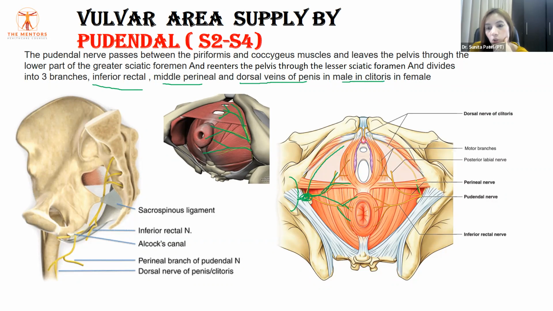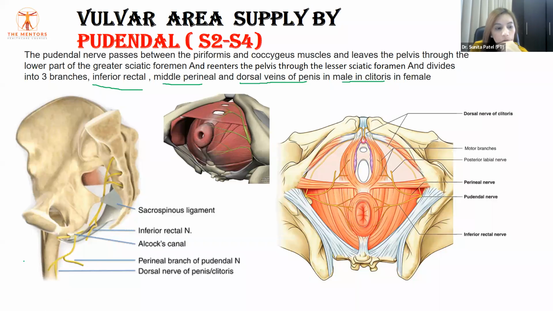They are going to go towards that also. So this is a perineal. After supplying the perineum, they will go around and supply the Bulbocavernosus. And the same third fiber will go upwards towards the clitoris. Again, I'm removing it. You just try to concentrate on where they are supplying.